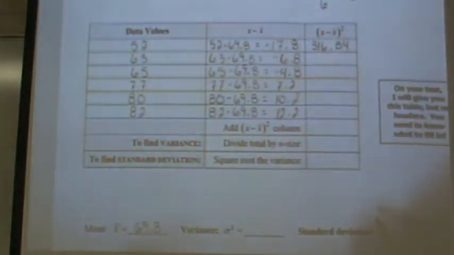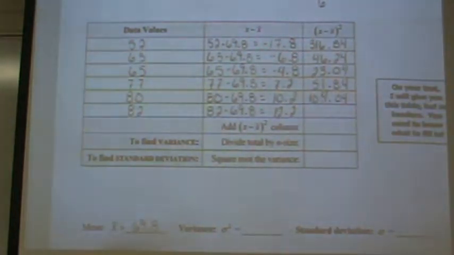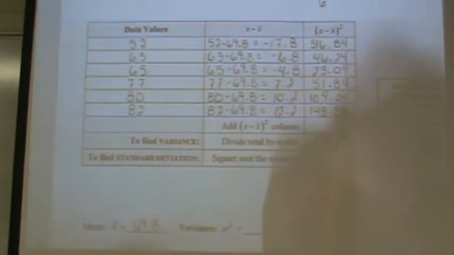So when we square 17.8, we get 316.84. 6.8 squared is 46.24. 4.8 squared is 23.04. 7.2 squared, 51.84. 10.2 squared is 104.04. And then 12.2 squared is 148.84.